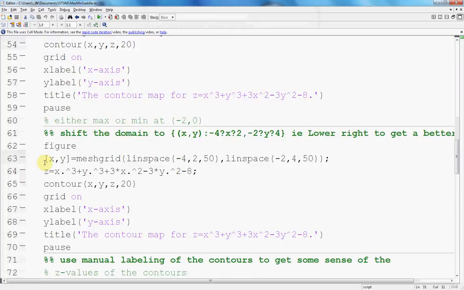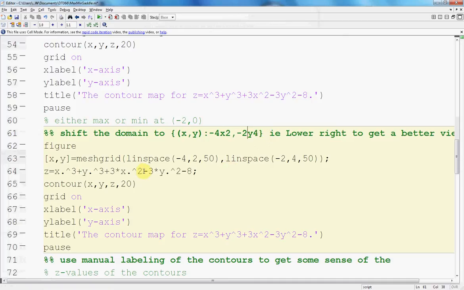So we're going to shift to the main to -4, -2. Okay, so we're going to -4, -2, so we're shifting it.